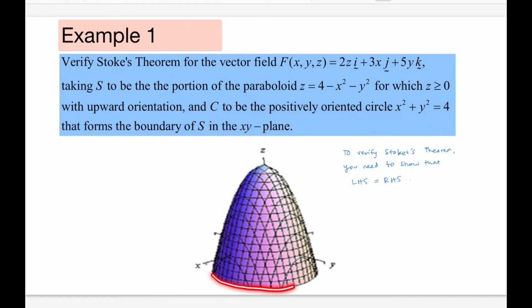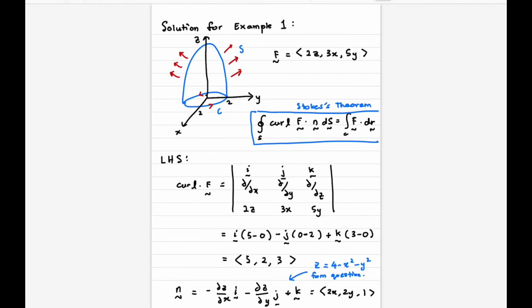So this is your C and this is your surface S. To verify Stokes theorem, you need to show that the left hand side is equal to the right hand side. First step is to sketch the figure.